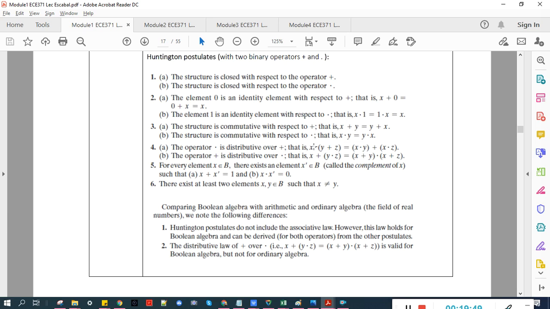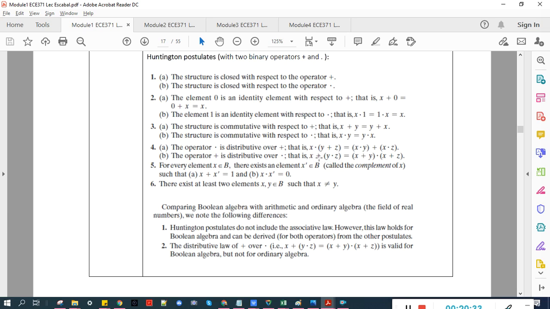Distributive, the groupings, we distribute the operation. So the operator AND is distributive over addition. The operator OR is distributive over multiplication. Can you see it? We can distribute AND to OR, and we can distribute OR to AND. We should note this one because in usual arithmetic operation, this is not possible.